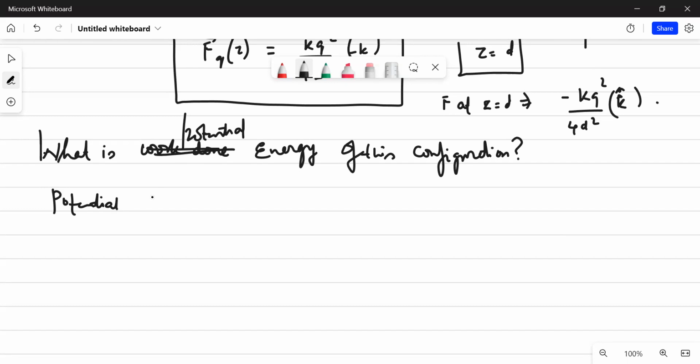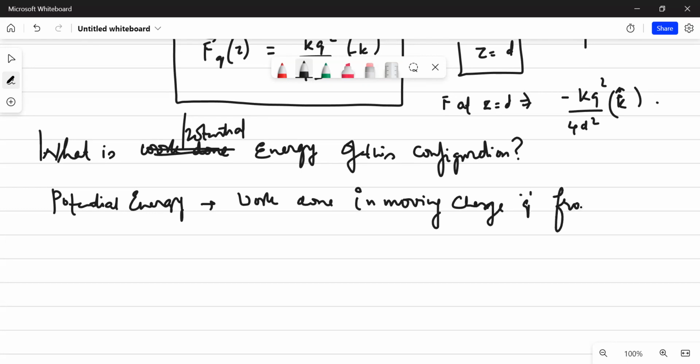What is potential energy? Potential energy is the work done in moving the charge q from infinity to a desired point.